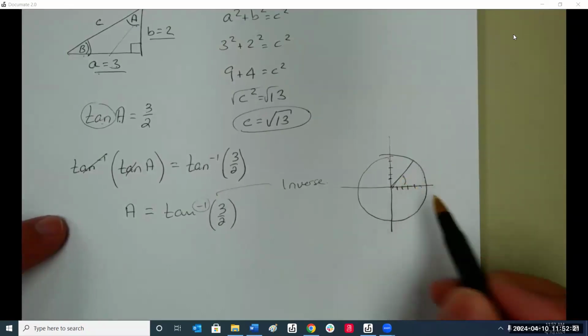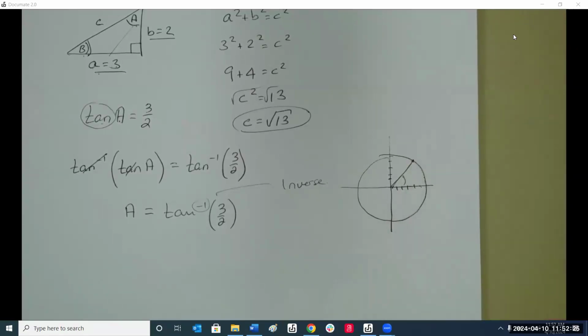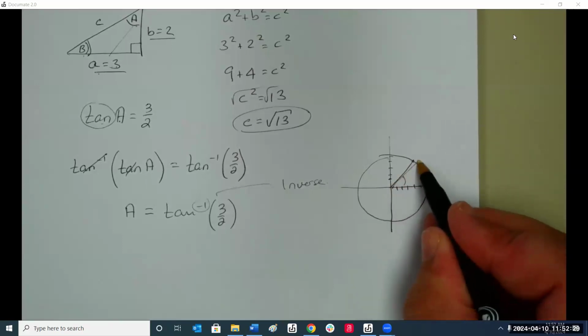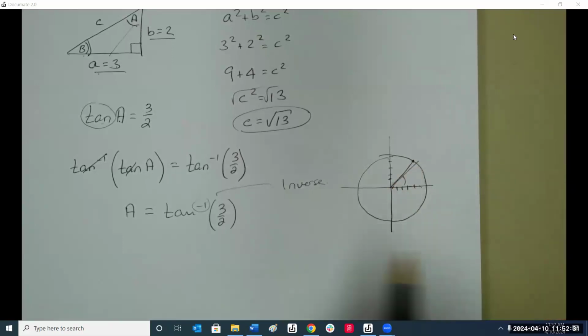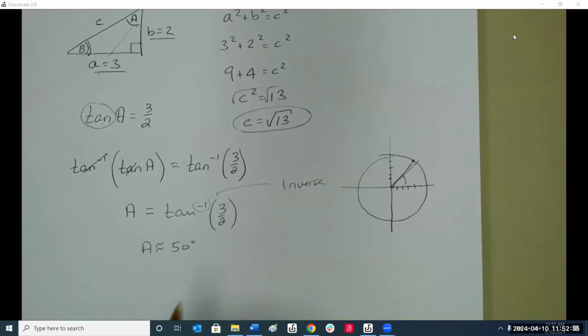So approximately what angle is that? It's got to be just a little bit bigger than 45 degrees. So let's say A is approximately 50 degrees. If you had a calculator, you can just type it in there. But again, if you don't have a calculator, you would just approximate those numbers.